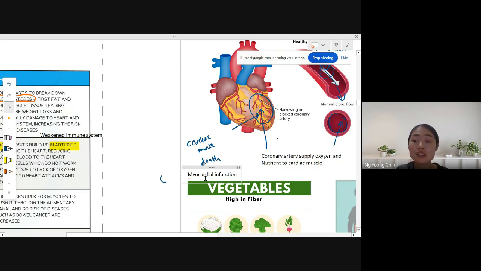Infarction means that they already died. And do you think this condition is reversible? When your cardiac muscle has died, can it live back or not? The answer is no.